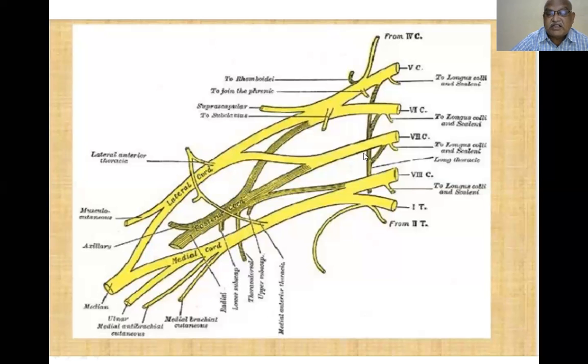This is the long thoracic nerve. Contribution from C5, C6, C7, C8. It goes behind like this and also gets a contribution from T1. This supplies the serratus anterior muscle, the boxing muscle. So winging of the scapula occurs.